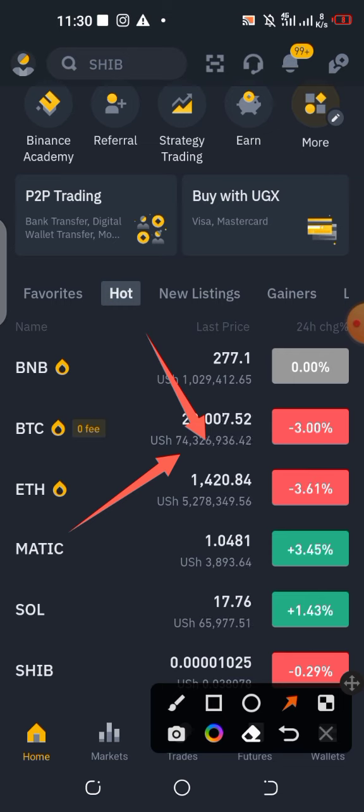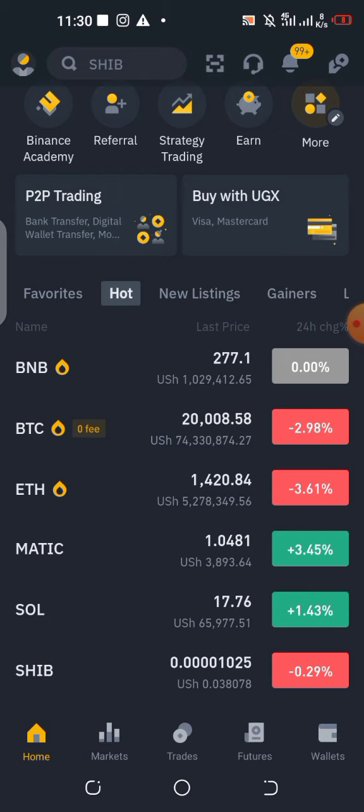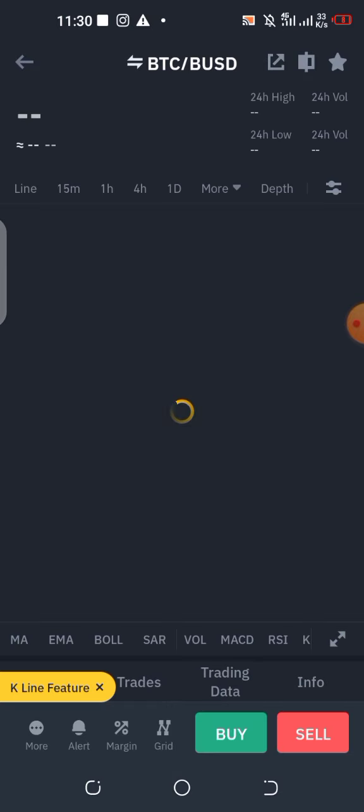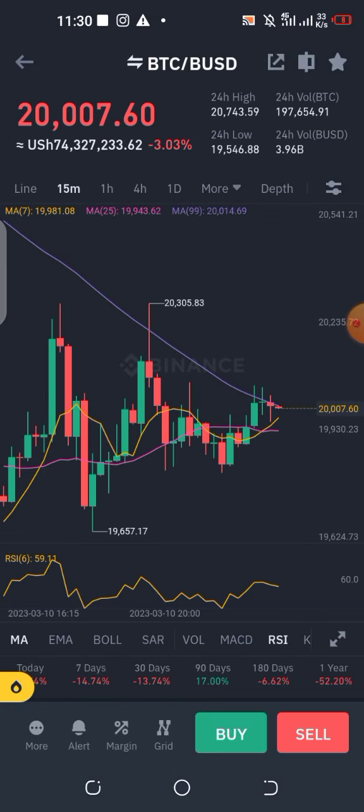In dollars, it is 20,008 USD, as you understand. When you tap BTC, you can see under spot trading that you can buy one BTC at about 74 million.